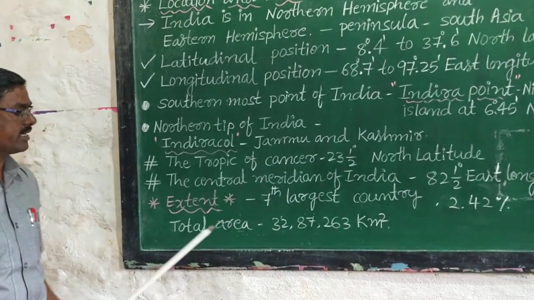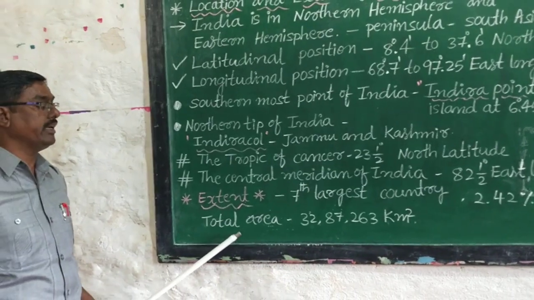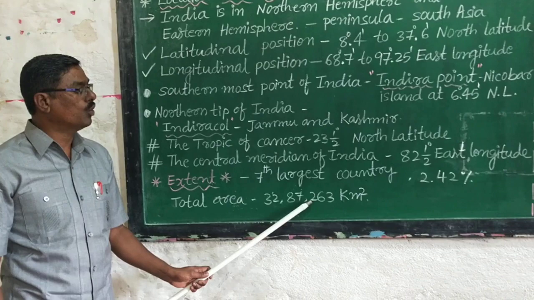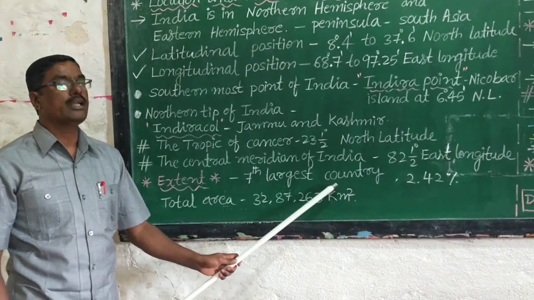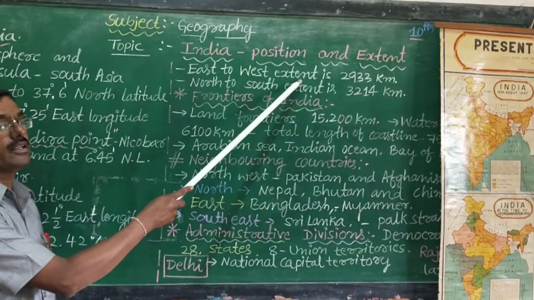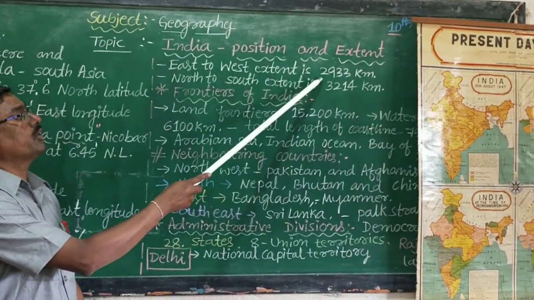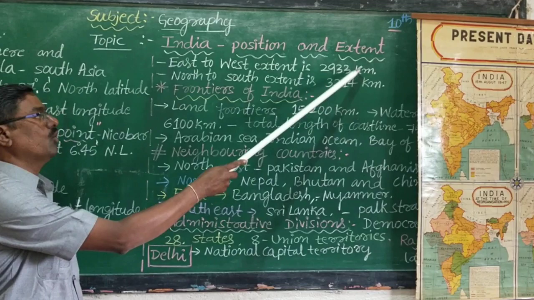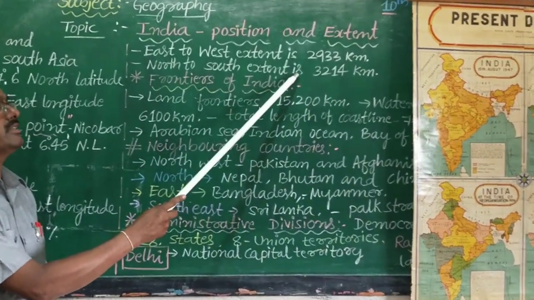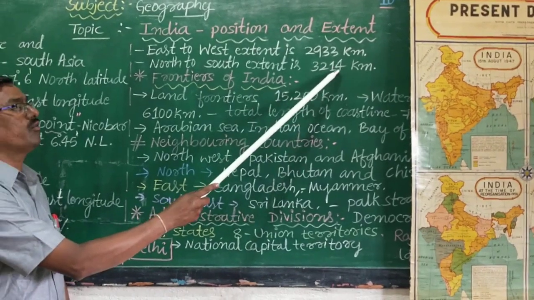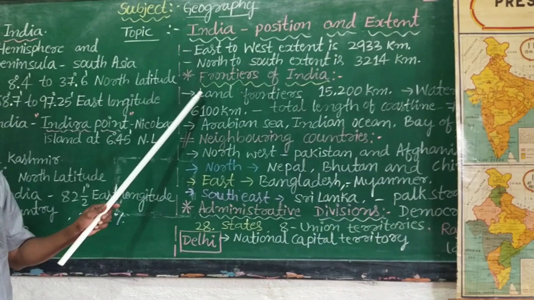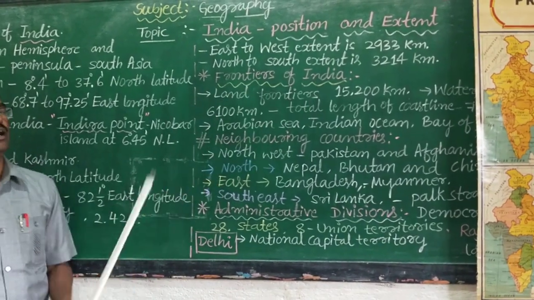Once again, dear students, the total area of India is 32,87,263 square kilometer. Then east to west extent of India is 2,933 kilometer. North to south extent of India is 3,214 kilometers.